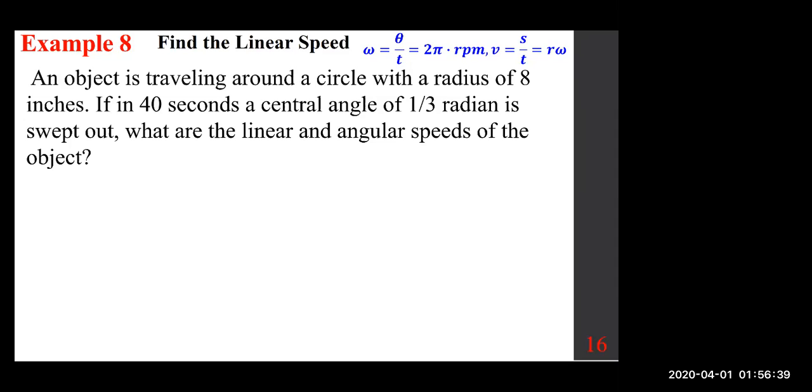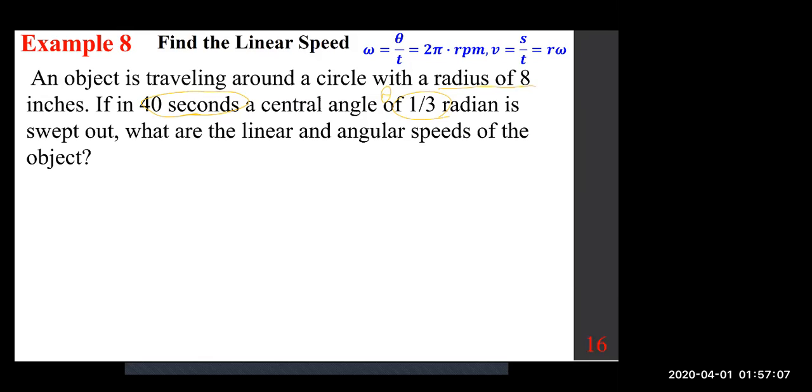Perfect. Thank you so much. Okay, so we have the radius, and we have the time. So radius is 8 inches. Time is 40 seconds. And the central angle, theta.